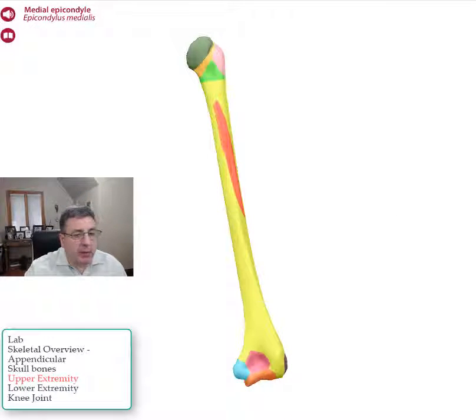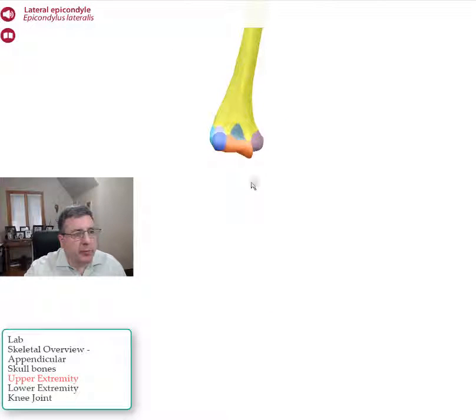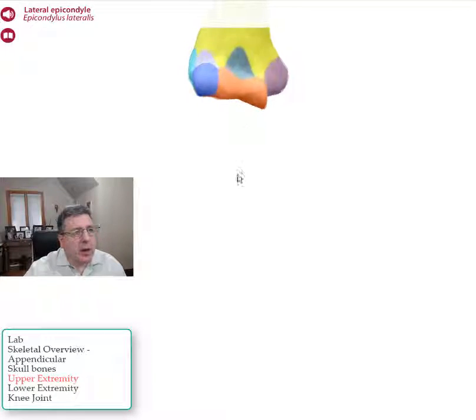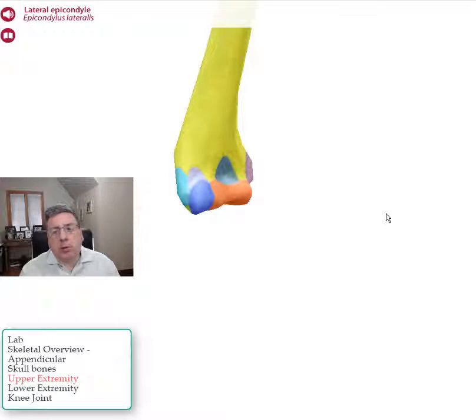Lateral epicondyle, you can guess it. This little spot here, that's the lateral epicondyle. Let me raise this up so you can see it a little bit better. The lateral is a much smaller one than the medial. The lateral epicondyle is an attachment site for the supinator muscle, and it's also the common tendon for the extensor muscles of your wrist and hand.